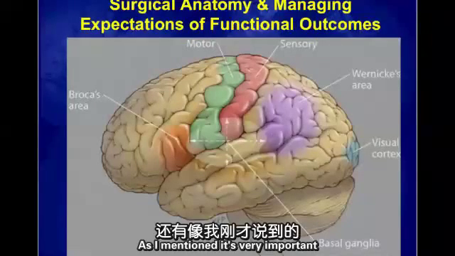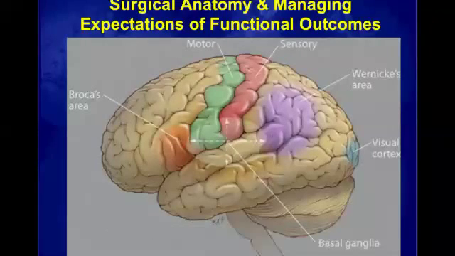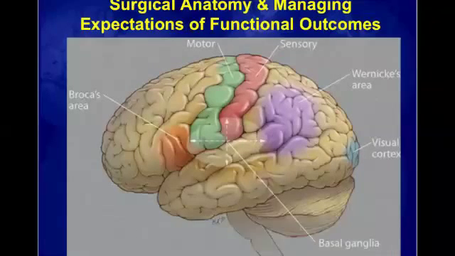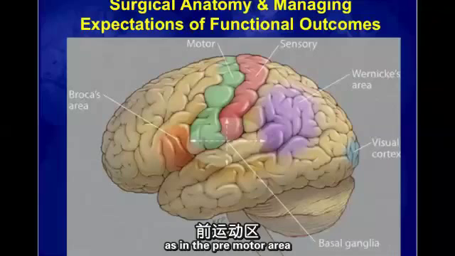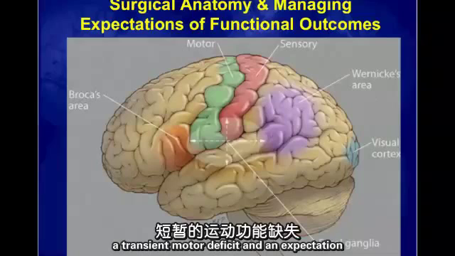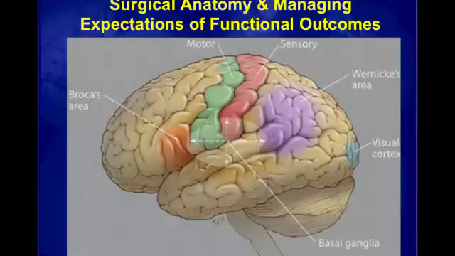As I mentioned, it's very important to know your anatomy, and knowing the anatomy helps you in terms of anticipating and managing expectations for functional outcomes. So, for instance, if you have a tumor just in front of motor areas, in the premotor area, very often patients would have a transient motor deficit, and that's an expectation that they need to understand and agree with before surgery.